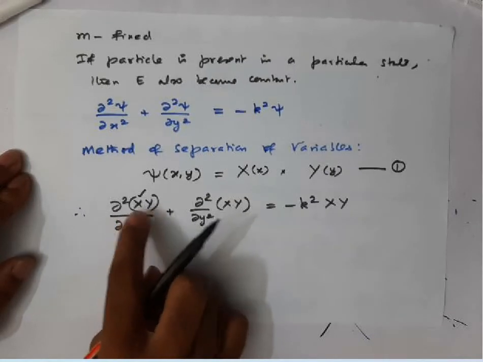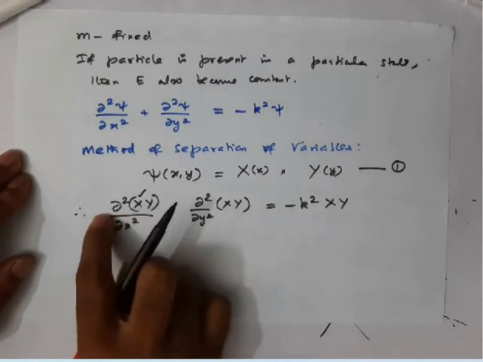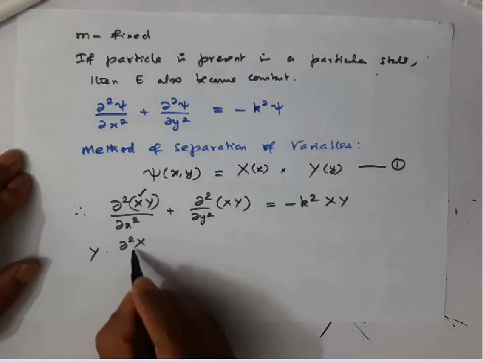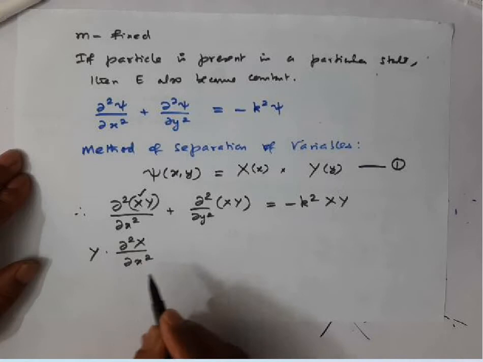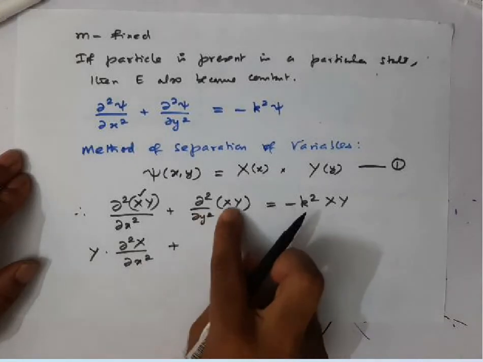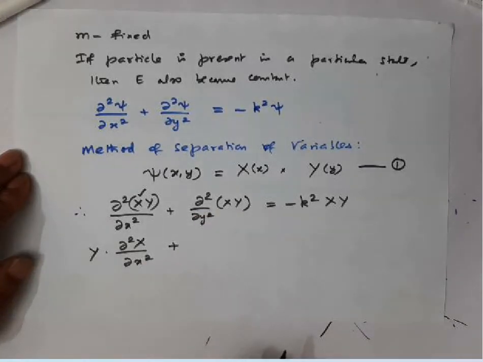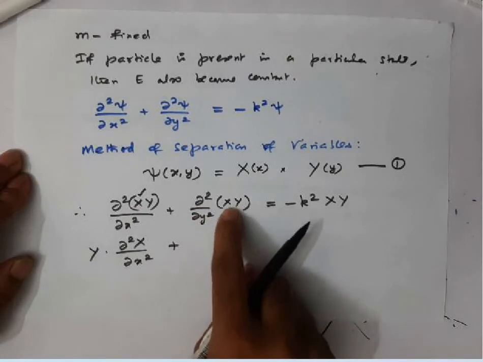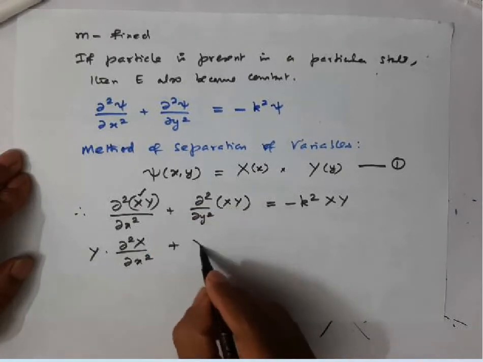Therefore this operator does not operate on Y, so you can keep Y out. So you will get dou square X by dou x square. Similarly here, this operator acts only on Y, it does not operate on X, so you can keep X out.